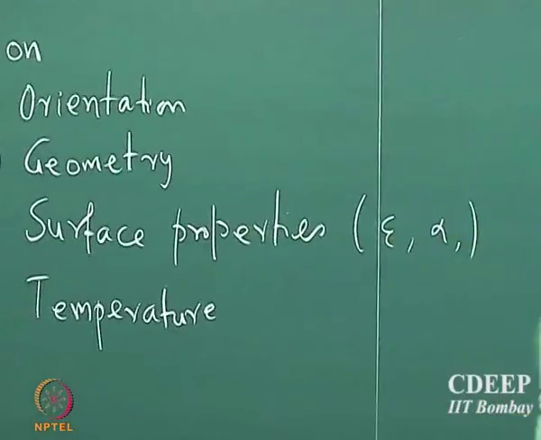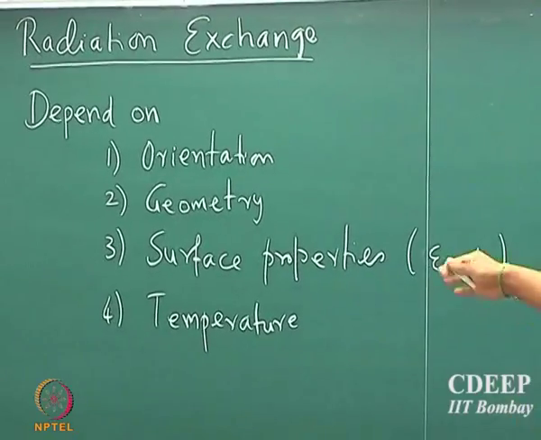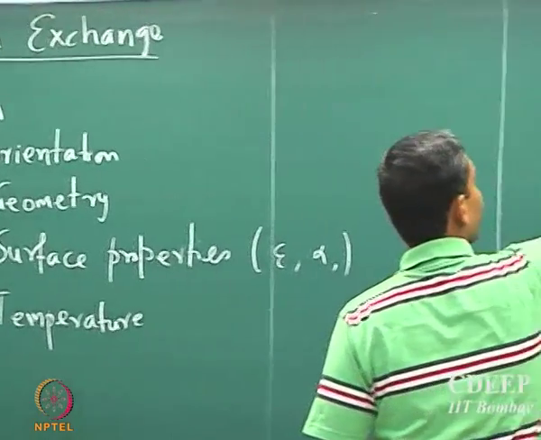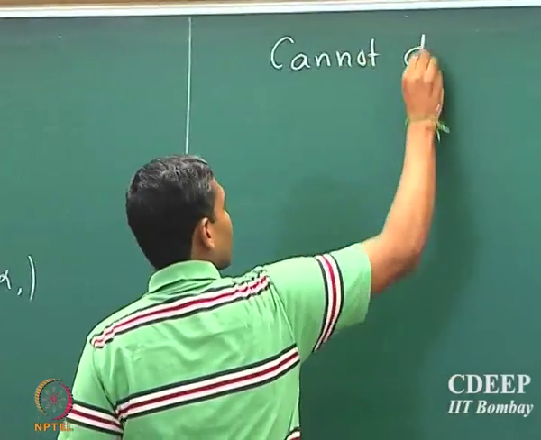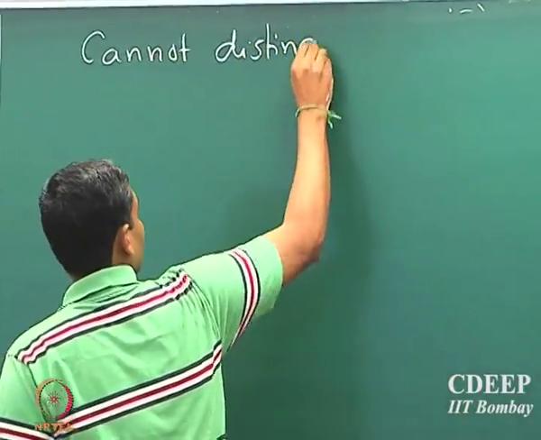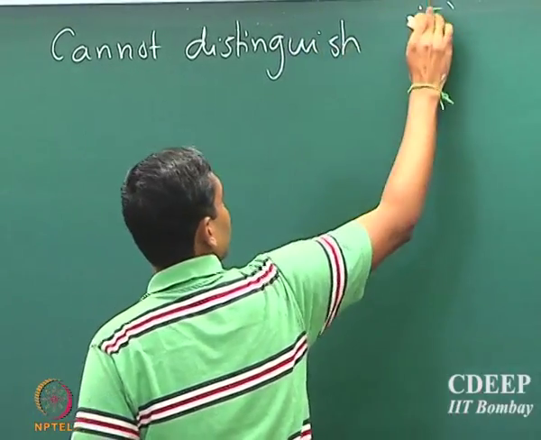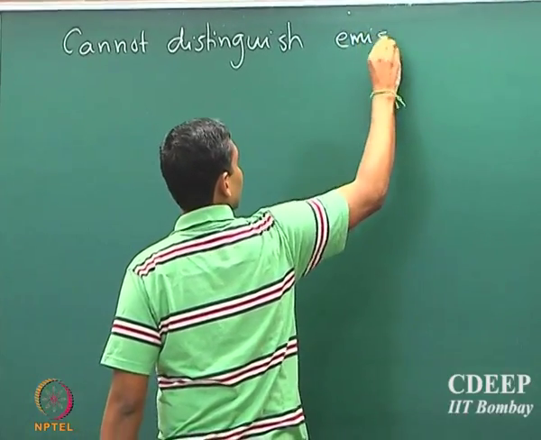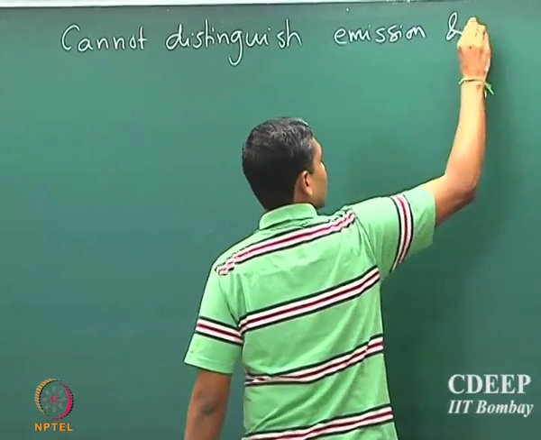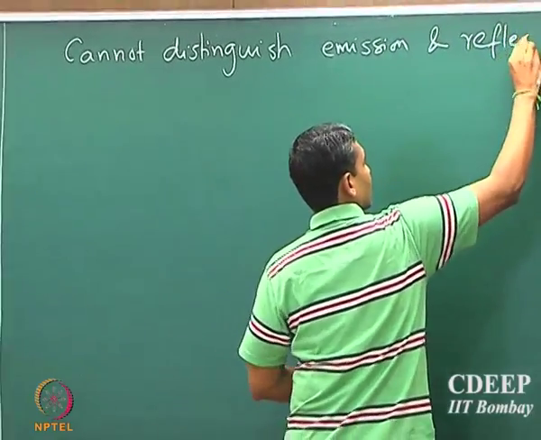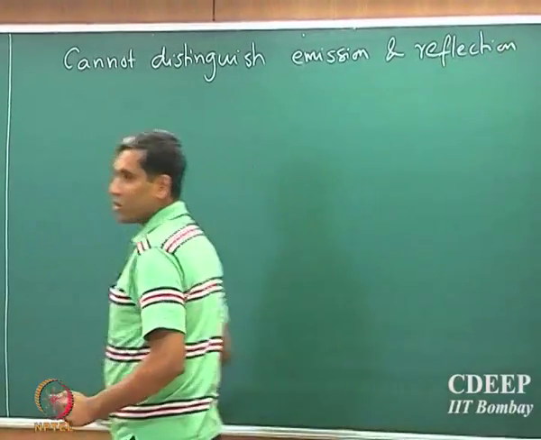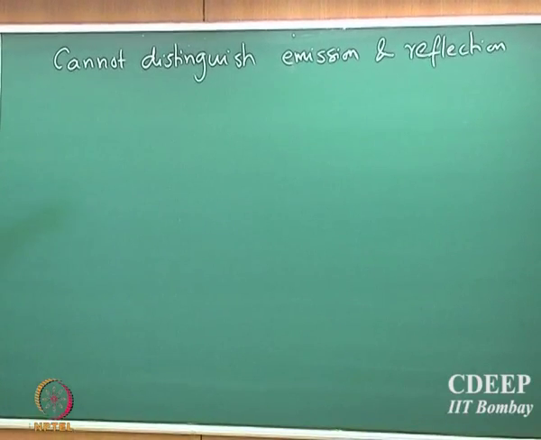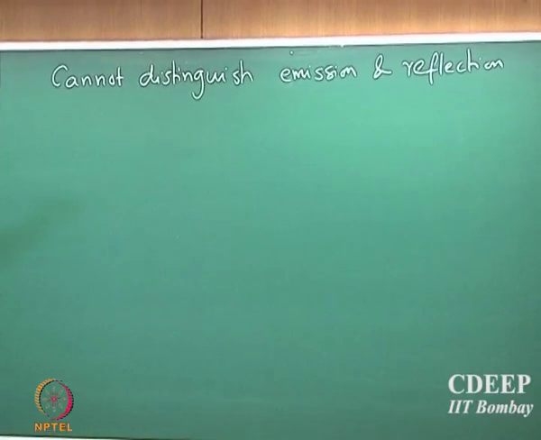So therefore, in order to characterize the radiation exchange, whatever net radiation leaves the surface is essentially the sum of what is emitted plus what is reflected.